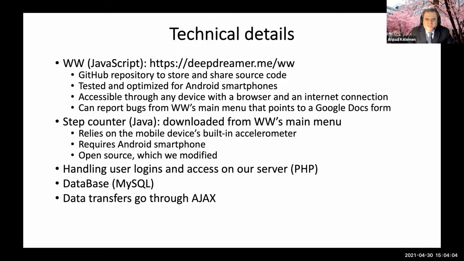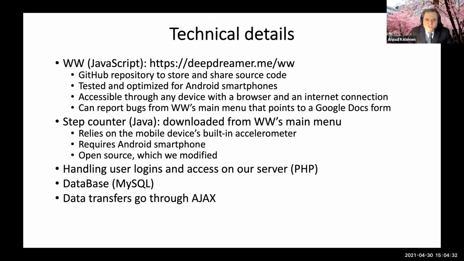We optimized and tested on Android smartphones, although it is supposed to work on modern devices and internet browsers, because JavaScript is specifically a programming language which helps client-side programming for browsers. And there is also a bug reporting button in the main menu. From there, reports are sent to a standard Google form, and the development team can look at that and fix the bugs as they are reported by any tester.